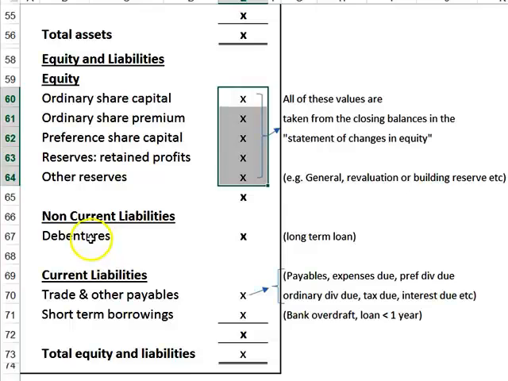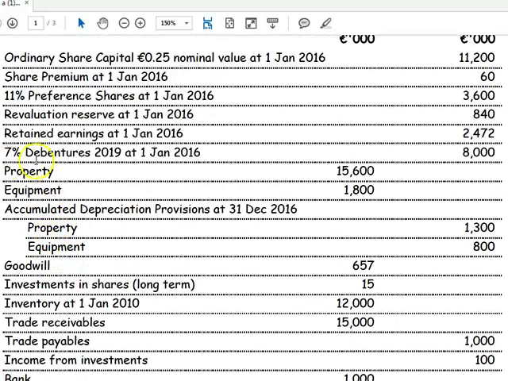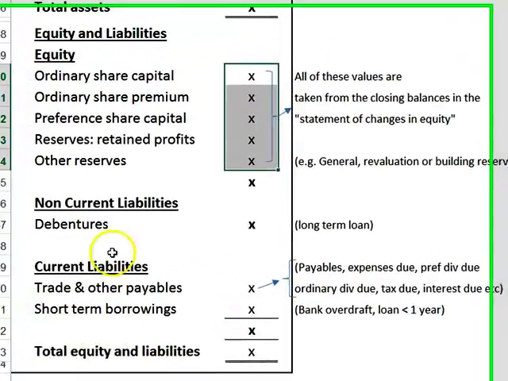Non-current liabilities are debentures, which is our long-term loan, so non-current liabilities are liabilities greater than a year. Your debentures, and assuming none of that was paid back, and none of it was paid back in the notes, that's the loan that was there at the end of the year, 8,000. So it's just the full value of the loan that goes into non-current liabilities.